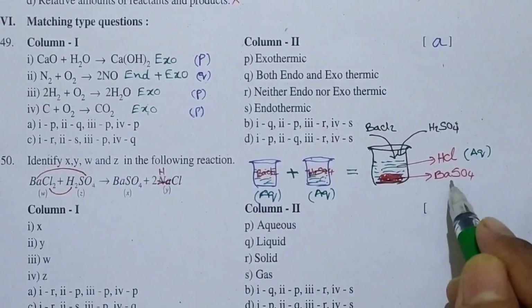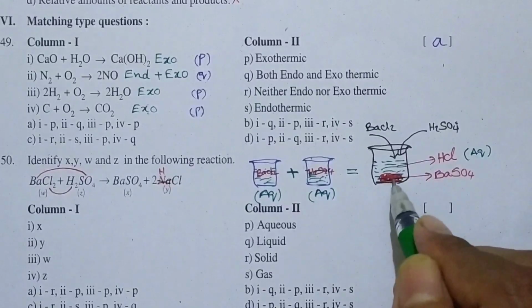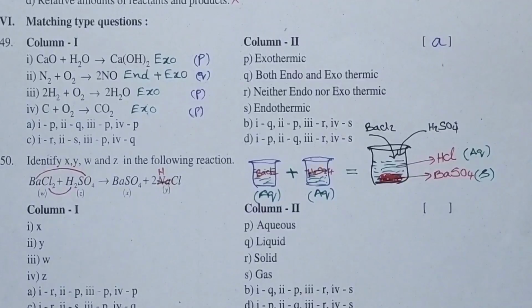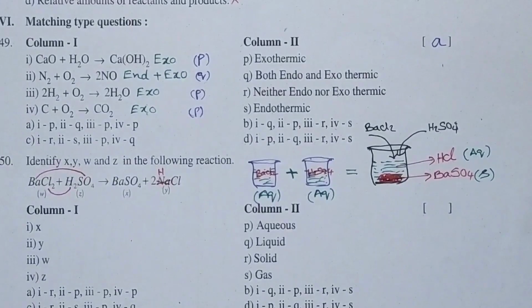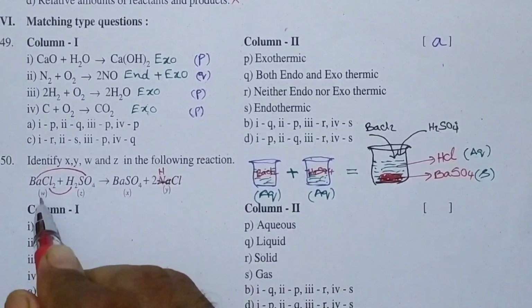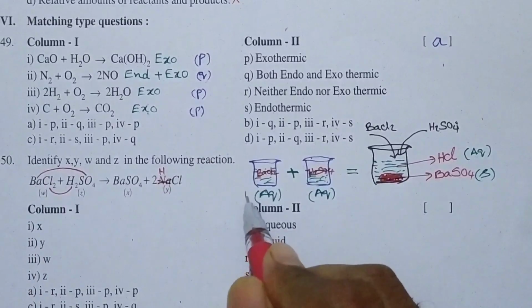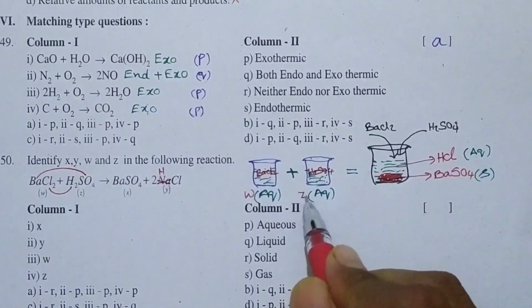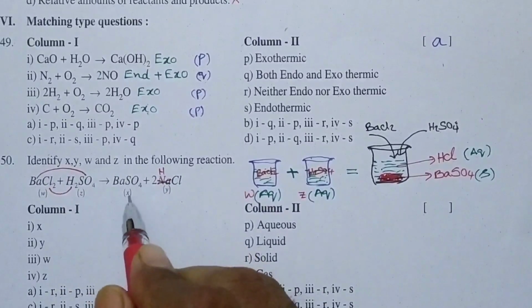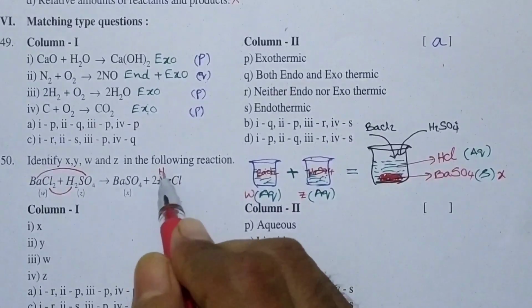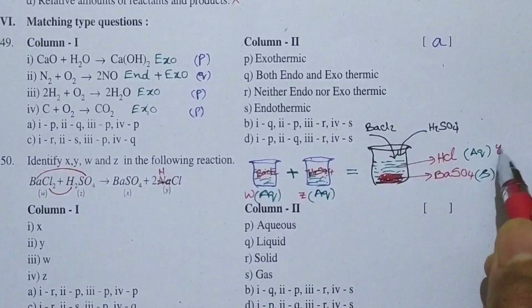Whereas BaSO4 is left as a precipitate that can be filtered, it's a solid. Now, according to the question, under BaCl2, W is given. Under H2SO4, Z is given. Under BaSO4, X is given. And under HCl, Y is given.